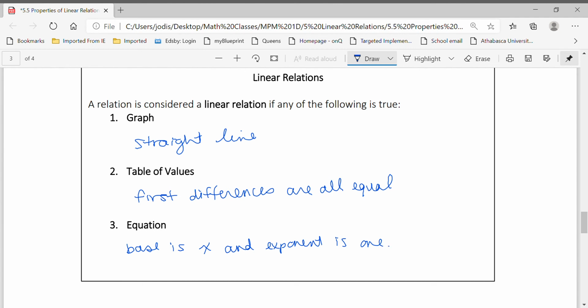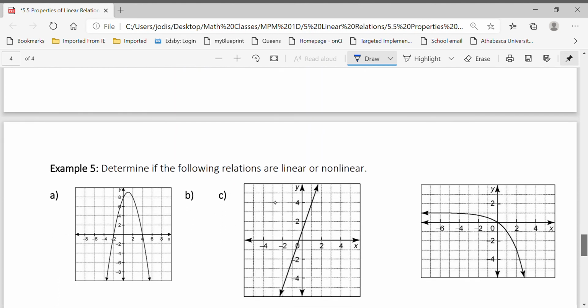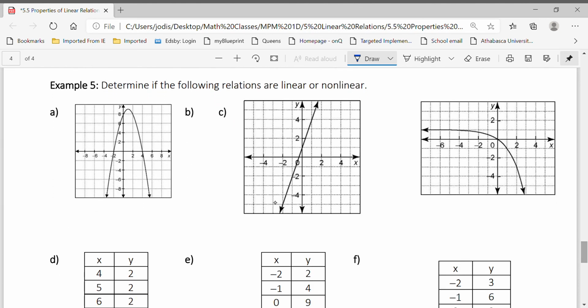And we'll see a little bit more about how that works later. So we want to figure out if the following relations are linear or nonlinear.